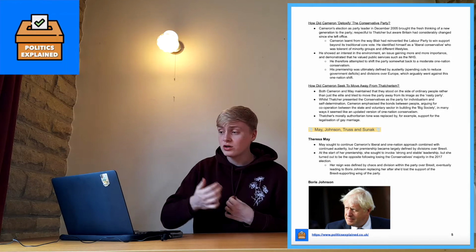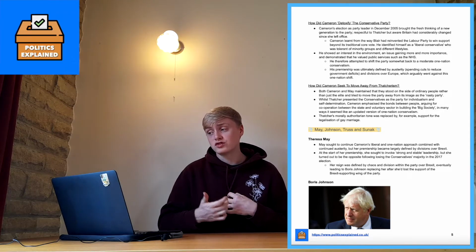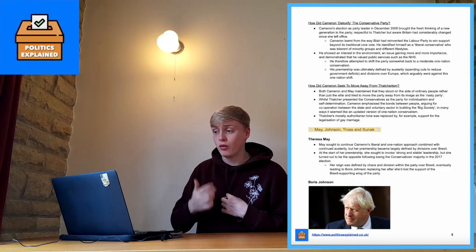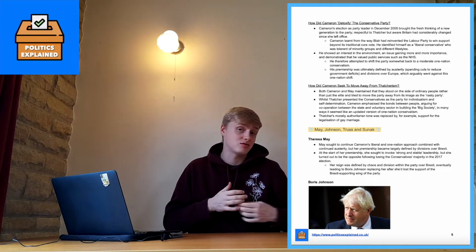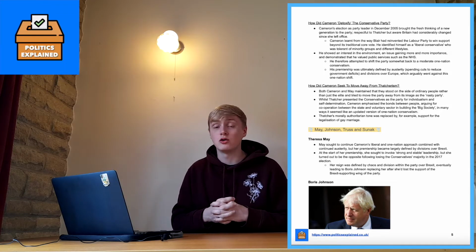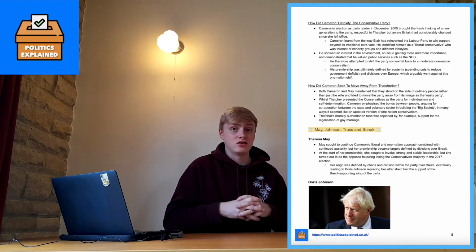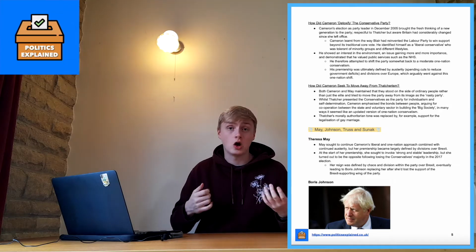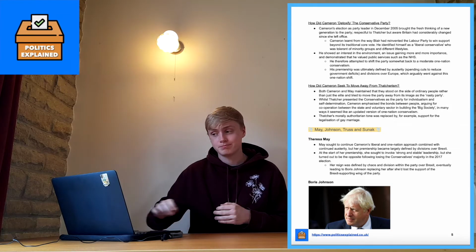Thatcher's morally authoritarian tone was replaced, for example, by support for the legalisation of gay marriage, and that's especially in comparison to Thatcher's Section 28 of the Local Government Act, which banned the promotion of homosexuality and was a very homophobic policy.